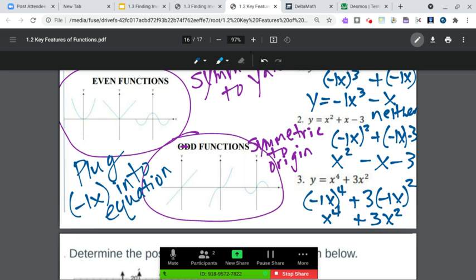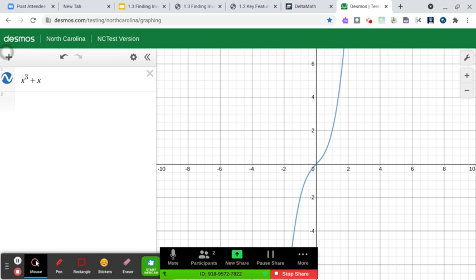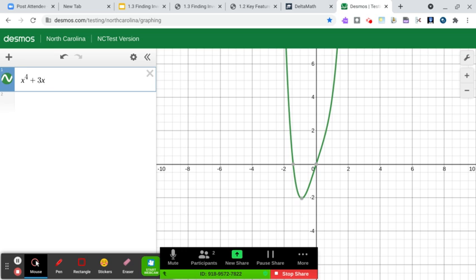Is it exactly the same? Yeah. So it's even, it's symmetric to the y-axis. Watch this in Desmos. X to the 4th plus 3x squared. See how it's even, or it's symmetric to the y-axis? Yeah. Perfect.